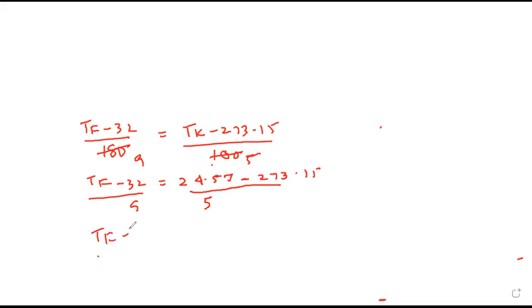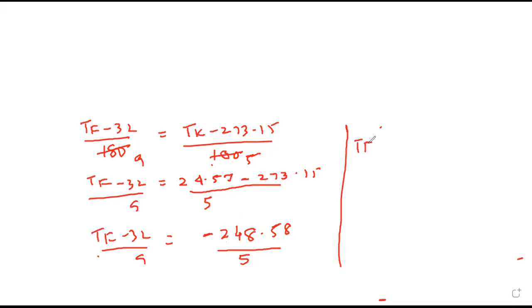So T Fahrenheit minus 32 upon 9. This already we got minus of 248.58 upon 5. So T Fahrenheit minus 32 upon 9 equals minus of 5 into 4, 20, 48. 5 8s are 40, 5 9s are 45.